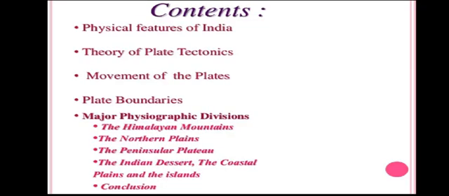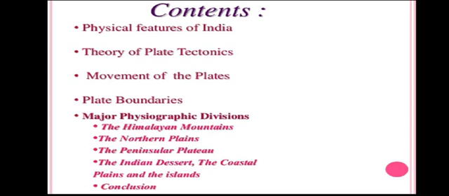So, this chapter basically deals with physical features of India, theory of plate tectonics, movements of the plates, plate boundaries, major physiographic divisions, that is the Himalayan Mountains, the Northern Plains, the Peninsular Plateau, the Indian Desert, and the coastal plains and the islands.